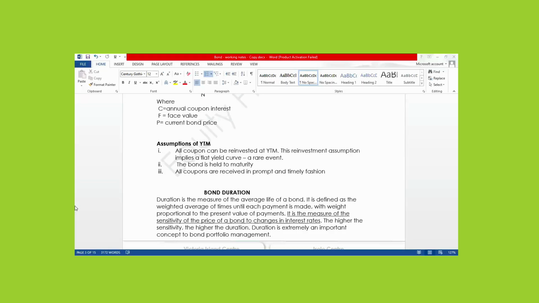Duration is extremely important. It is an important concept to bond portfolio management.